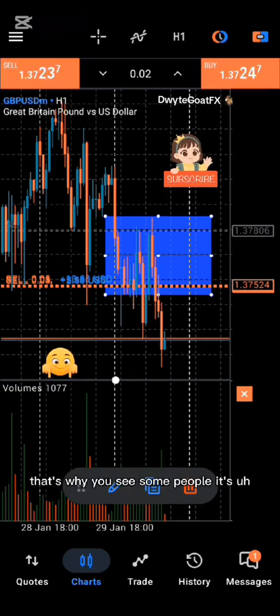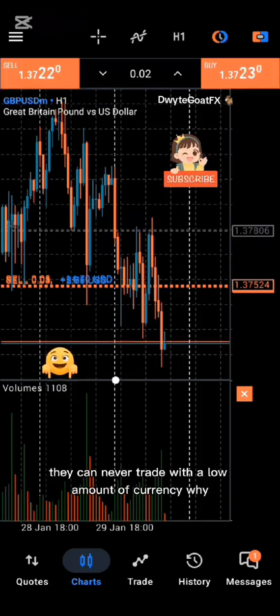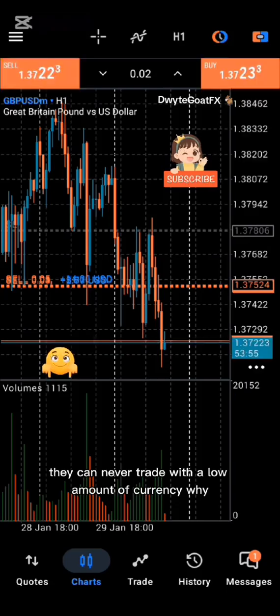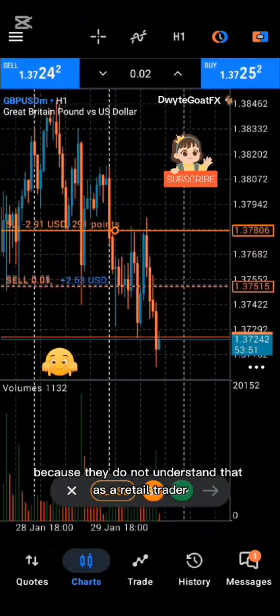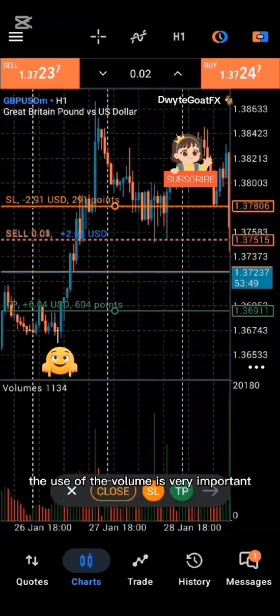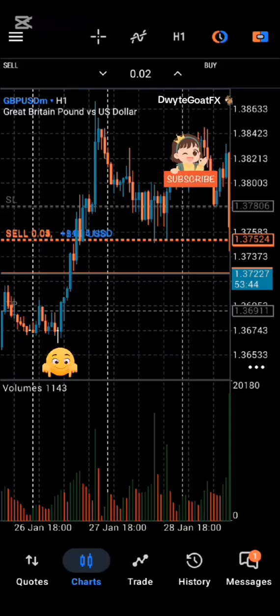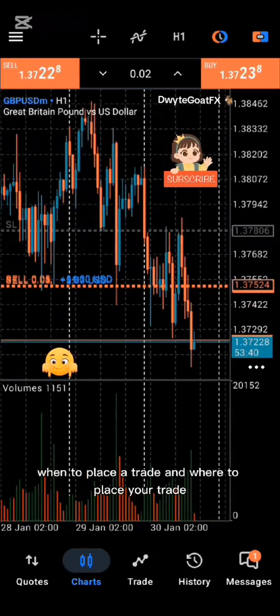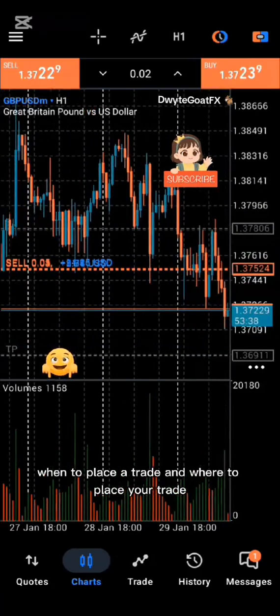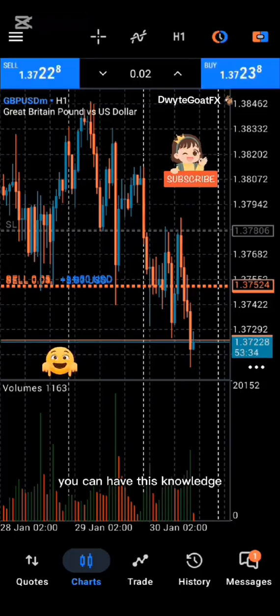That's why you see some people who find it difficult to trade with a low amount of currency. Why? Because they do not understand that as a retail trader, the use of volume is very important for you to understand how to place a trade, when to place a trade, and where to place your trade. So with the help of your volume indicators, you can have this knowledge.